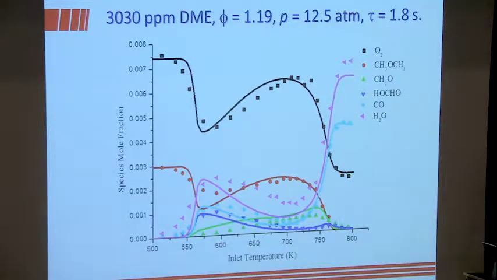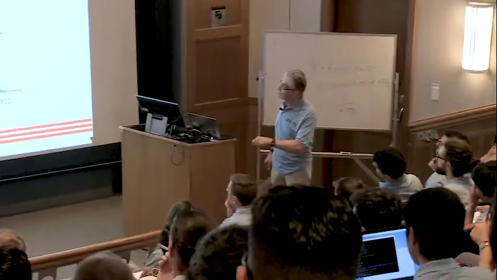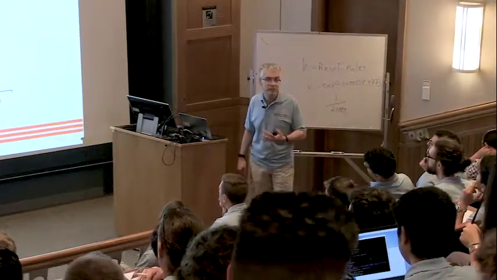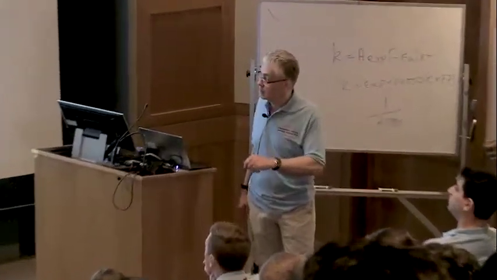But what's the point of this? It's just showing you the kind of data that you can get from the reactor. Each one of these points is an experiment, so there's maybe 20 or 25 experiments performed here from what's plotted.